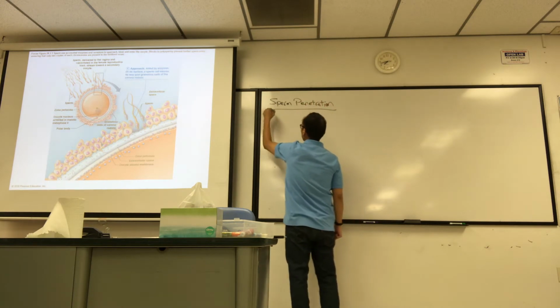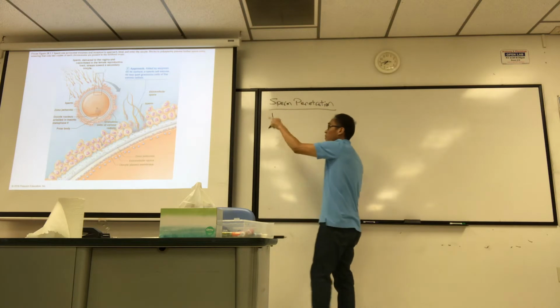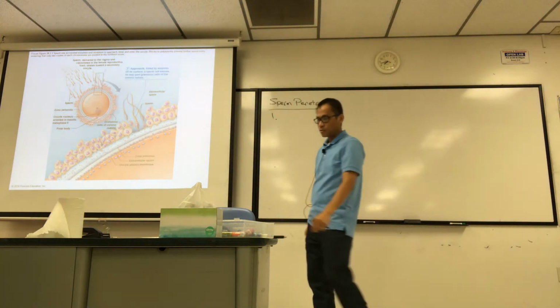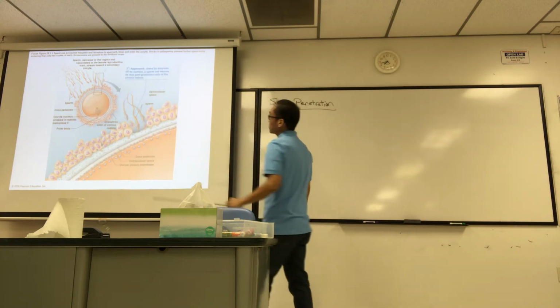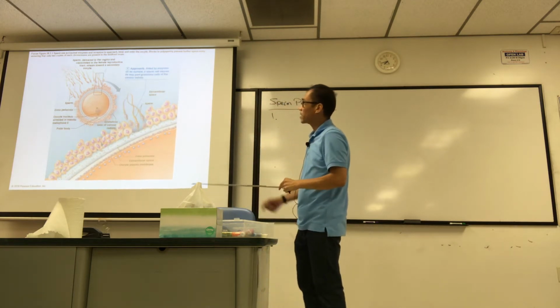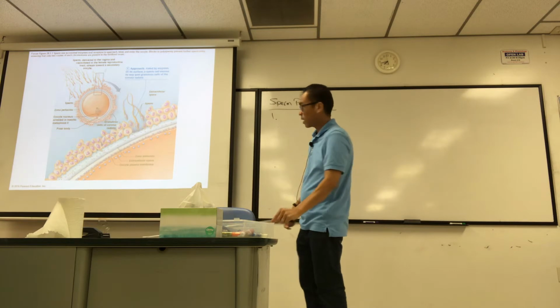Sperm penetration, not fertilization. Number one, they call this approach. Aided by enzymes on its surface, the sperm cells weave past the granulosa cells of the corona radiata.